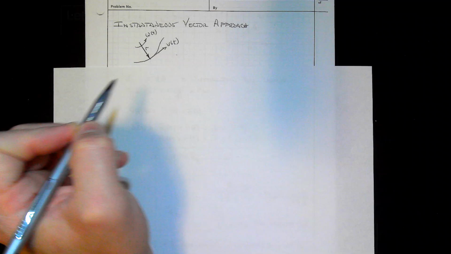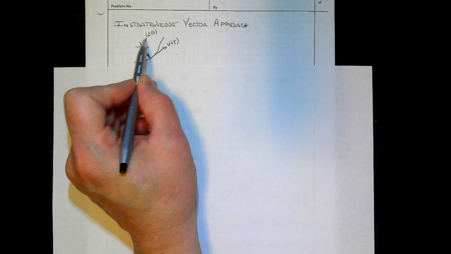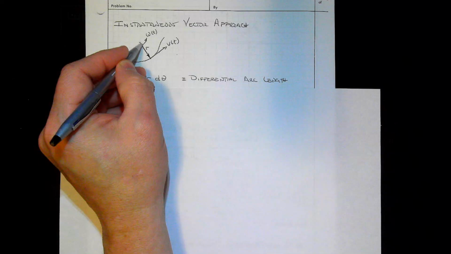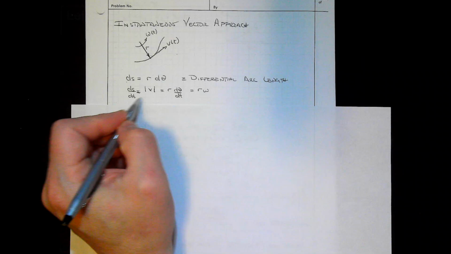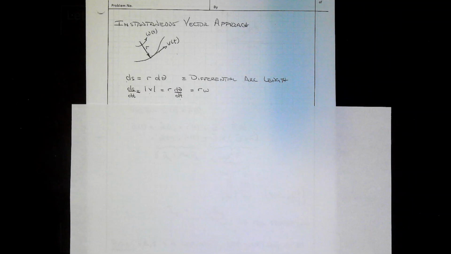This is a unit vector in the tangent. This is a unit vector pointing to the center of curvature at that instant. If we get over here, the tangent would be going this way, and UN would be going back that way. So our axes are changing instantaneously.